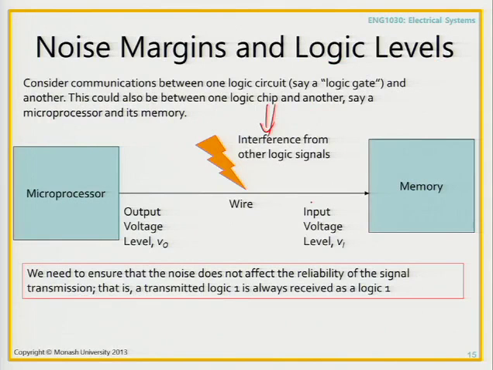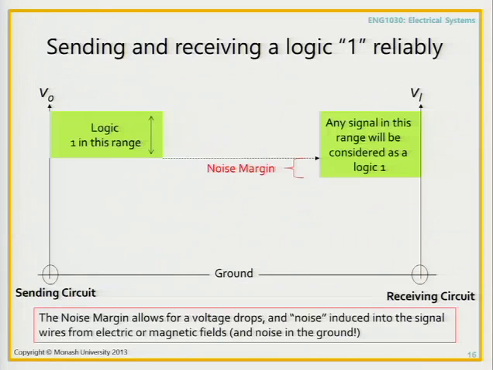Okay, so it's no good if your microprocessor sends data and it doesn't get to your memory correctly. We need to ensure that that actually works and that a transmitted 1 is always received as a logic 1 and a transmitted 0 is received as a logic 0. So how do you do that? Well, what we have in these logic devices is a margin for error. So let's say this is our sending device, this is our receiving device.